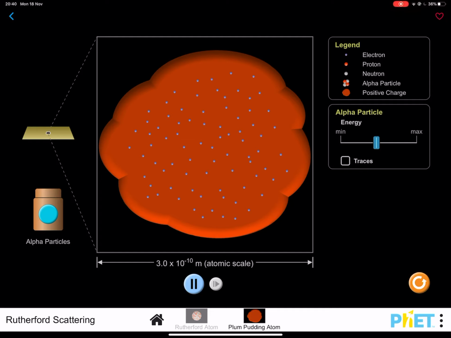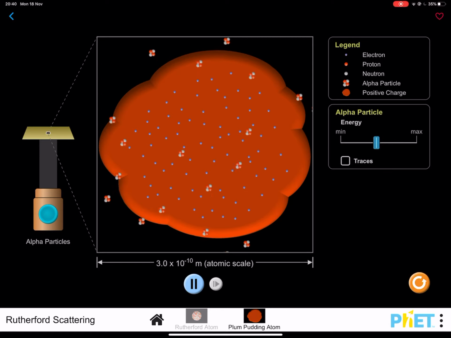If the gold leaf atoms, or the gold foil that the alpha particles were fired against, were like this image you're seeing here, i.e. the plum pudding model, a spherical positive region with negative charges dotted around, and we scatter alpha particles towards the atom, this is the trajectory that the alpha particles should have taken.